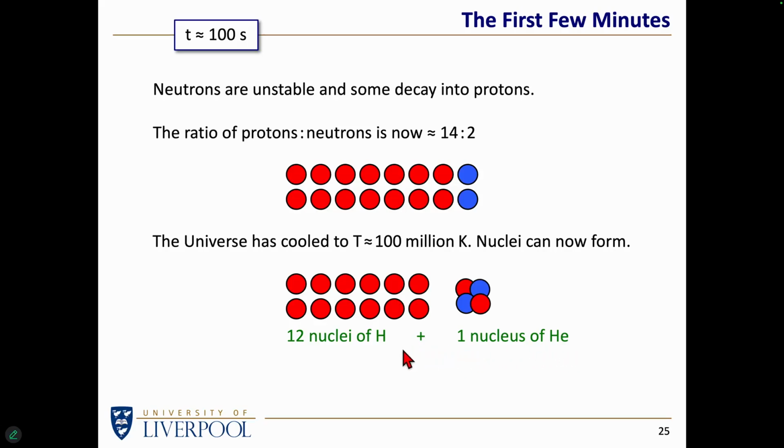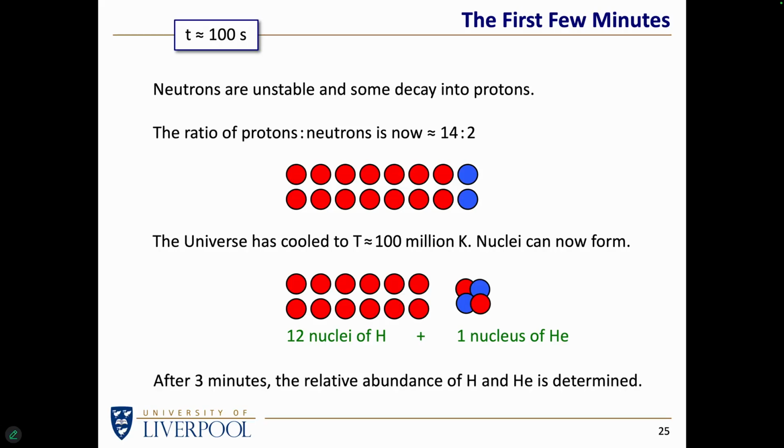And what we're left with is 12 bachelor protons, which are the nuclei of hydrogen atoms. And from this point onwards, the universe is too cold to change that. So after 3 minutes, the relative abundance of hydrogen and helium in the universe is determined. It is effectively fixed at this point.